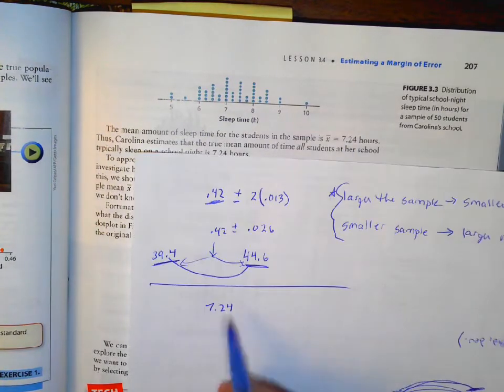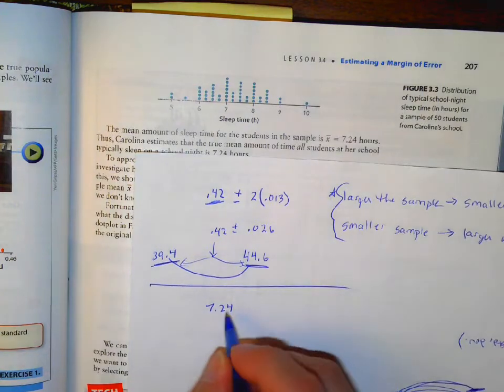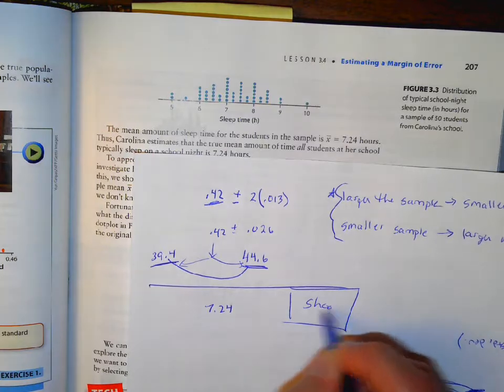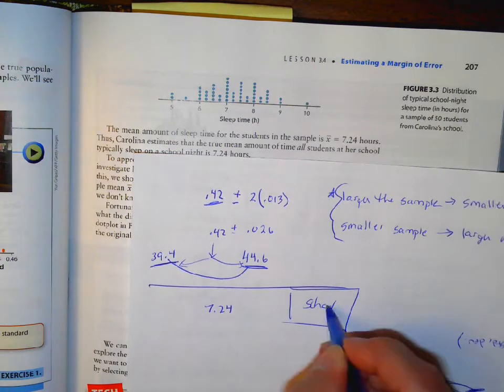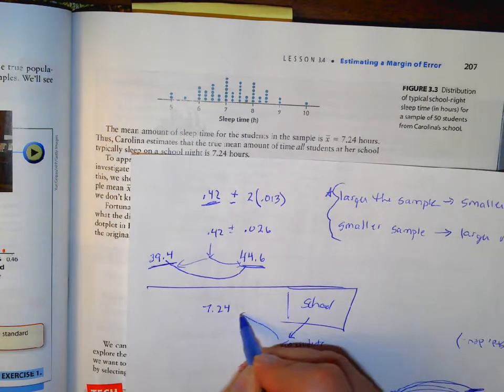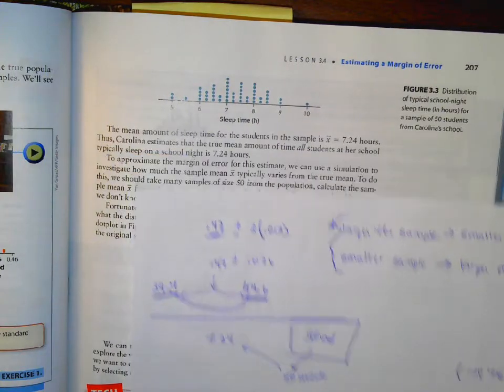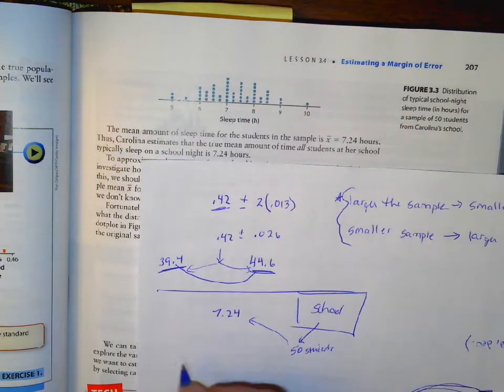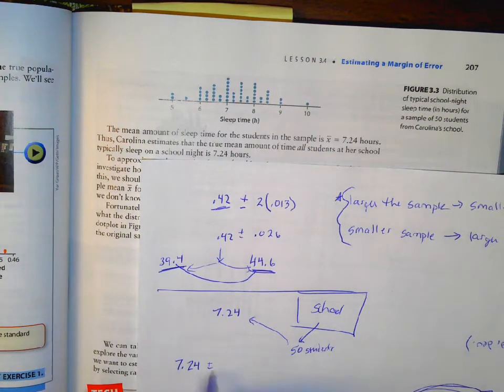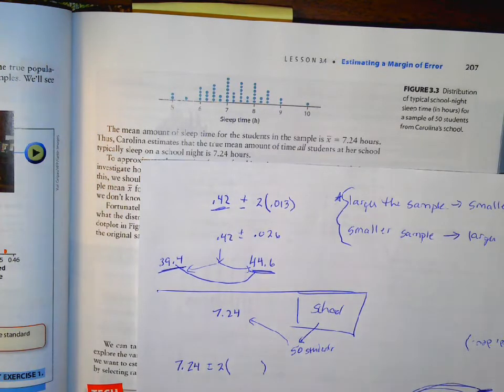So 7.24 is our sample, and we have the whole school. The number of hours of sleep they got had a mean of this. Now, our confidence interval is going to be this number plus or minus our margin of error, which is going to be 2 times the standard deviation of these numbers.